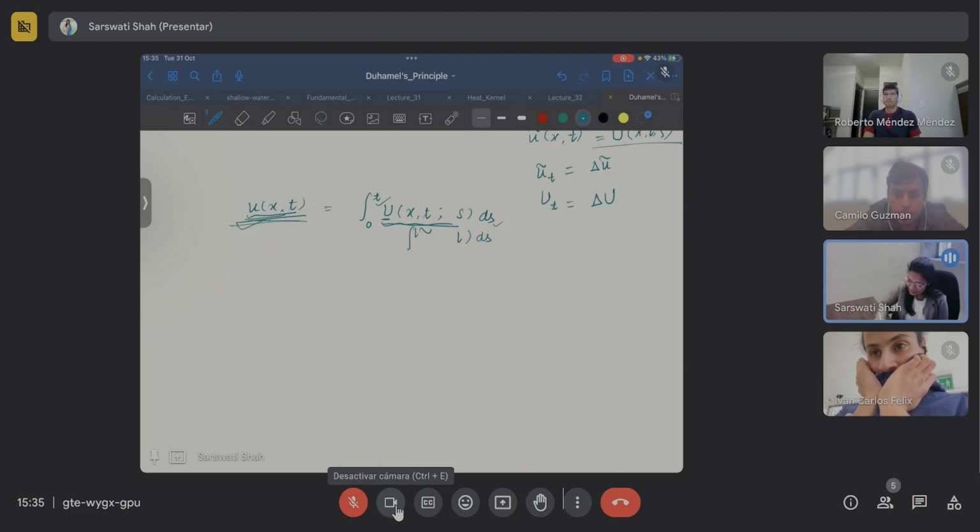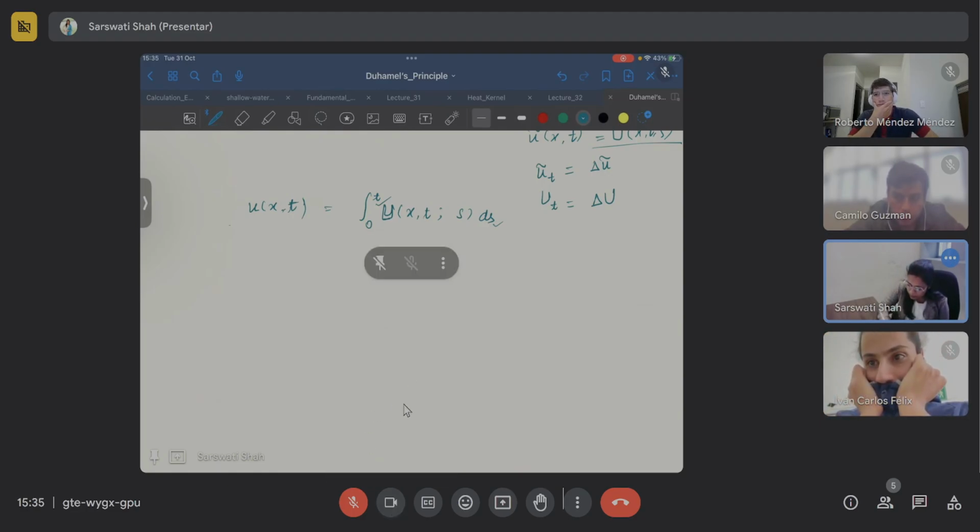So u(x,t) is equal to the integration of capital U(x,t;s) ds from 0 to t. This is the integration with respect to time. So what will be the first derivative with respect to x?